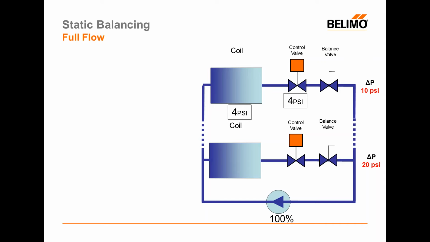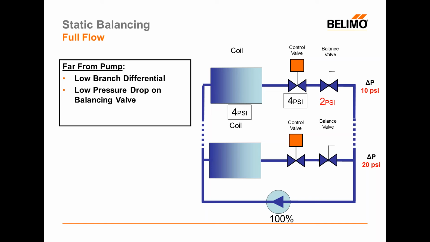Then we adjust the balancing valve until all the flows work out correctly. When we do that, we will see a 2 psi pressure drop on the balancing valve. So 4 plus 4 plus 2 gives us the 10 psi that we see on the right-hand side. Far away from the pump, we have relatively low branch differential, and so we have relatively low pressure drop on my balancing valve.